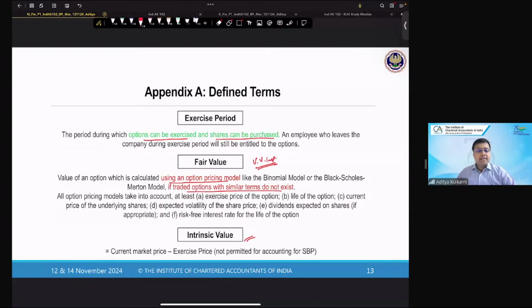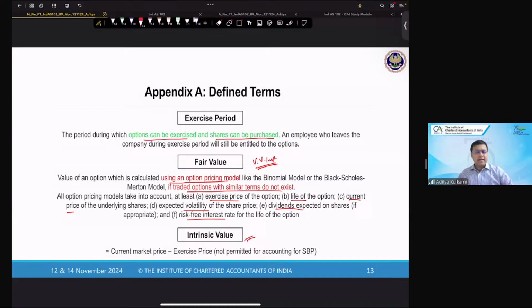All option pricing models take into account at least 6 things. One is exercise price of the option. Second is life of the option. Third is current price of the underlying shares, volatility of the share price, dividends expected on shares, and risk-free interest rate for the life of the option.